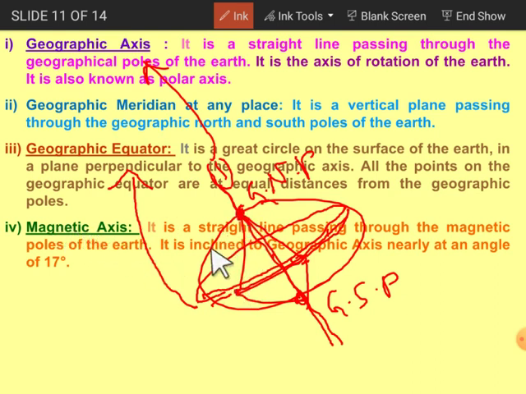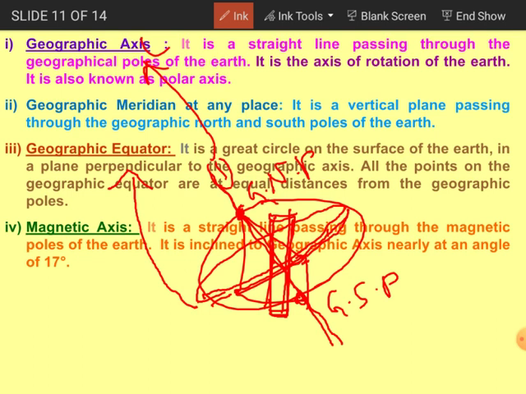Now it seems that your earth is just like a huge magnet. If you take the earth as a huge magnet, the earth's magnetic north pole and south pole will not be in line with the geographic axis. I am drawing it as a bar magnet just to show the similarity of the magnetic field.